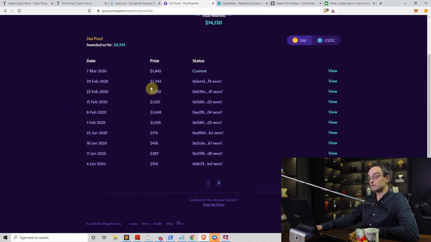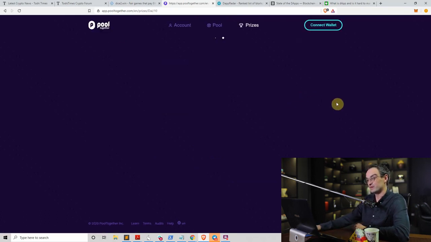Basically, if I join the pool with my money, I get DAI tickets in return, and those tickets give me the right to potentially win this prize. When the prize is given out, I get back my initial deposited amount, and if I win, I also get the prize money. If I don't win, I just get my initial amount back. So that's why they call it a non-loss lottery, which is, in my view, a very, very cool concept.